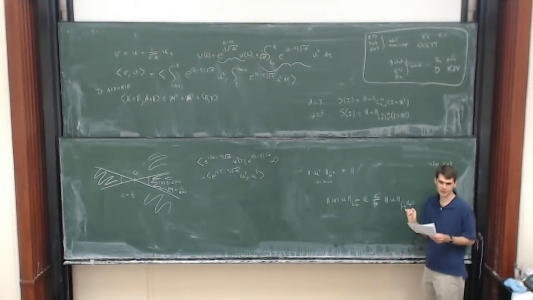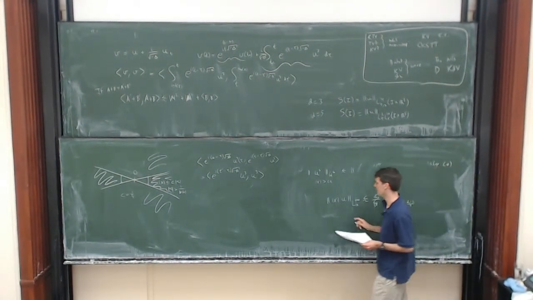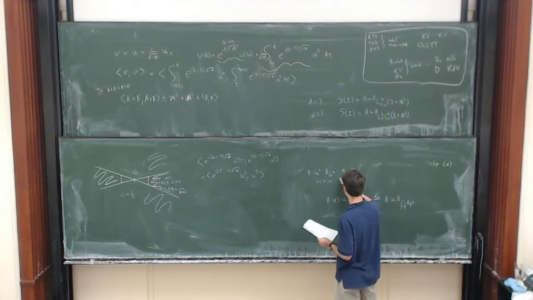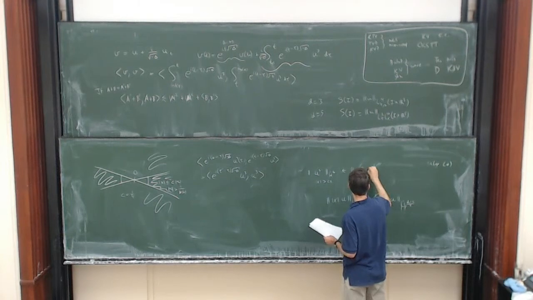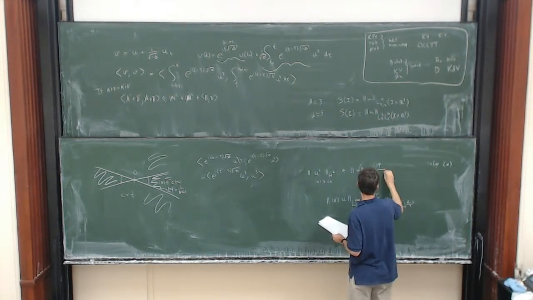So you don't need all of it, is the point, because you're showing then that this SC is bounded by U, 1 over T squared, right?